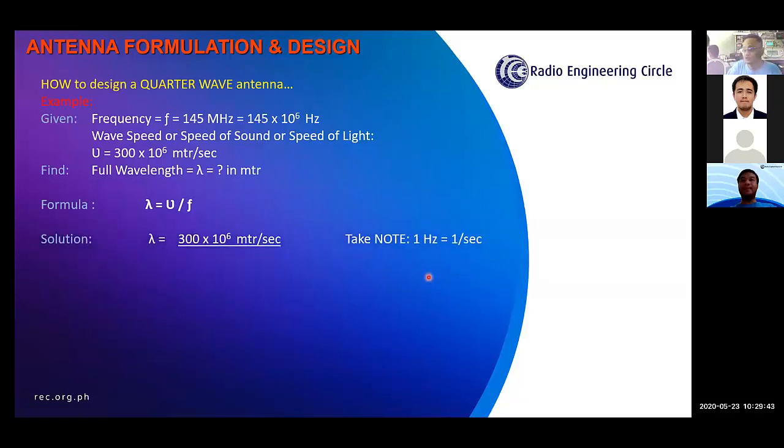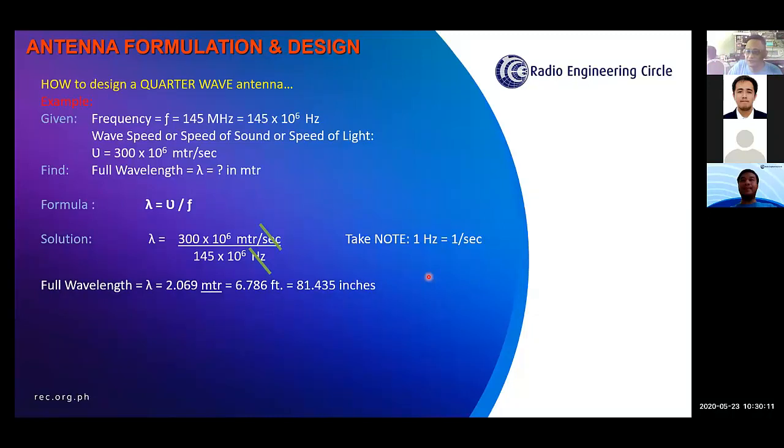Then, apply ko na yan. So, wavelength is equal to 300 times 10 to the 6 meter per second. Take note ko lang, ang 1 Hertz is equivalent to 1 over second. So, i-divide mo yan sa frequency, 145 times 10 to the 6 Hertz. Cancel mo yung Hertz, kasi yung 1 over second is equivalent to 1 Hertz.